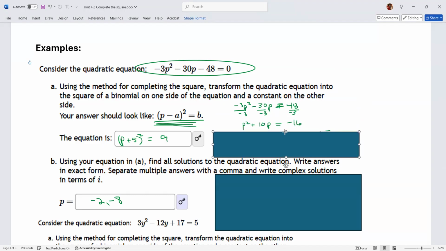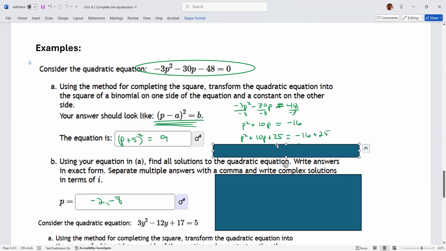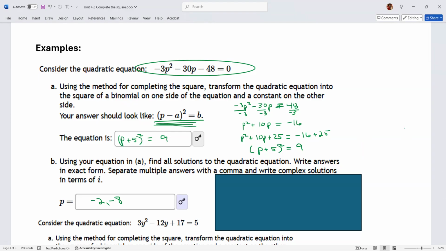And when I do that, I'll end up with p squared plus 10p is equal to a negative 16. Now I just go ahead and create the completing the square. Half of 10 is 5. 5 squared is 25. So I'll add 25 to both sides. And when I write this as a perfect square, I got p plus 5 quantity squared is equal to 9 because negative 16 plus 25 is 9.